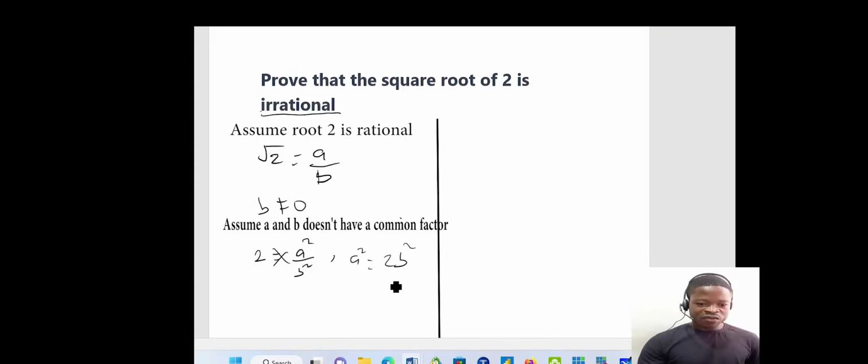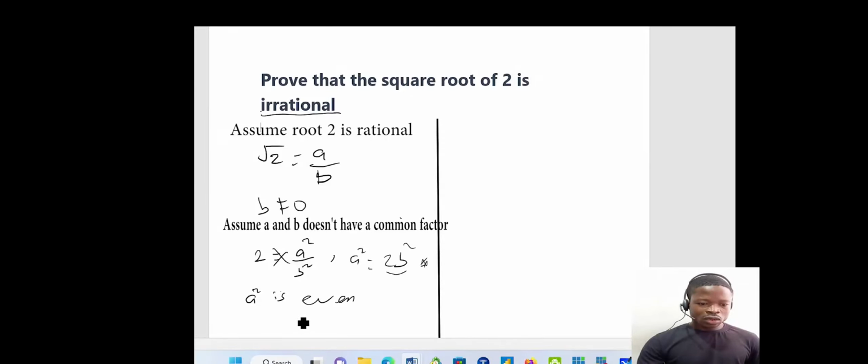Now there's something that you will observe here. Any number that is multiplied by 2 is even. For instance, even if b squared is odd, once you multiply by 2, automatically it becomes even. So if the right hand side is even, then a squared is also even.